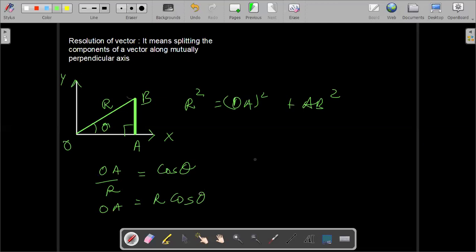In the same way, I can obtain AB to be equal to R sin theta. So now AB is the y component and OA is the x component of this vector.